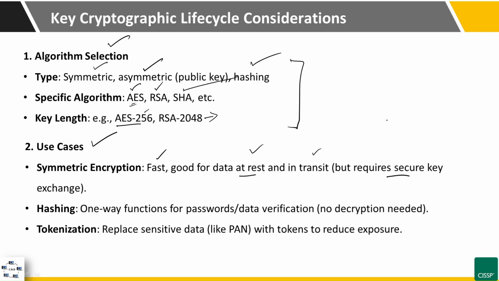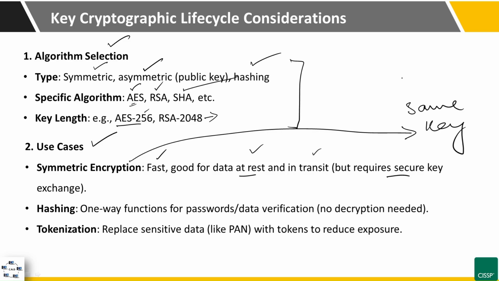What does this mean? Since in symmetric key we have the same key for encryption as well as decryption, if we have a party A and a party B, and party A wants to send a message to B, the first thing to consider is how to send that same symmetric key to B. Because if party A encrypts the message with a key, let's suppose key 1, the same key must be used by party B to decrypt it.